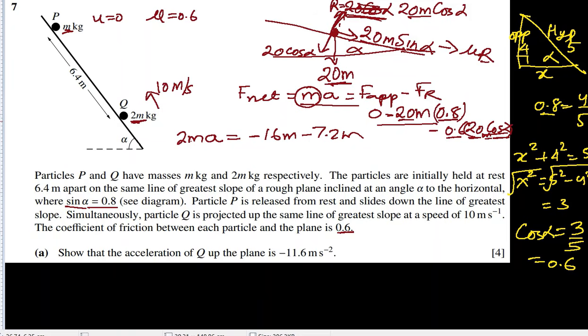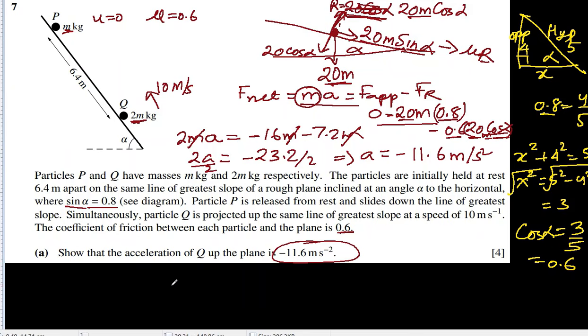That was a mistake, I've corrected it. Alright, so now we can cancel m from all three because all of them have m, so we can divide the whole equation by m. We are left with 2a equal to minus 16 minus 7.2, which is minus 23.2. Let's divide both sides by 2. We get a equal to negative 11.6 meters per second square, and this is what they wanted us to show.